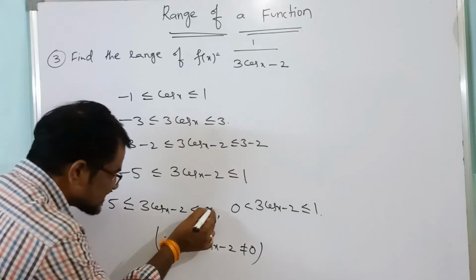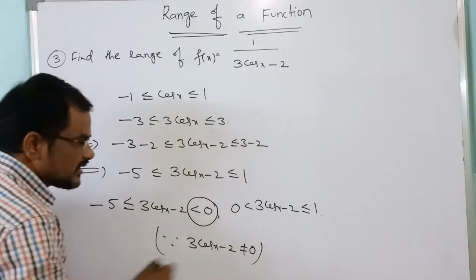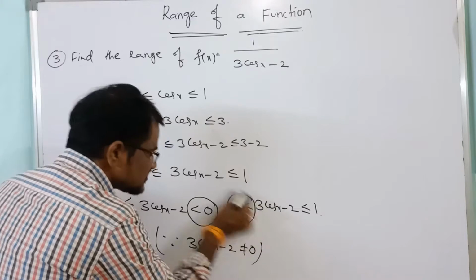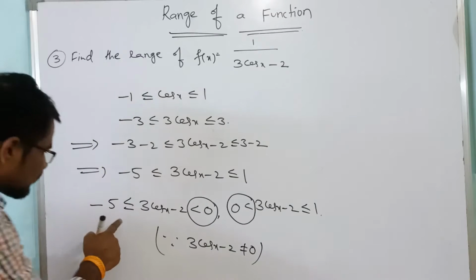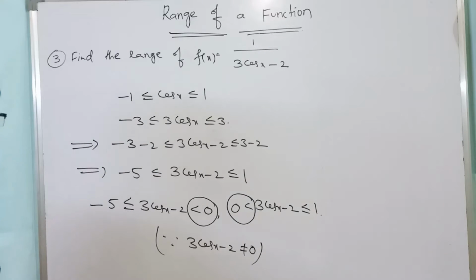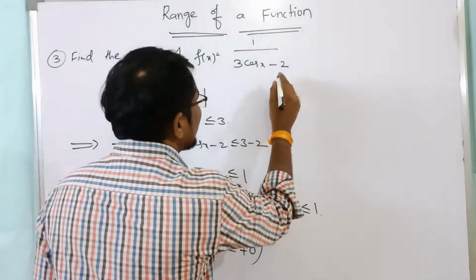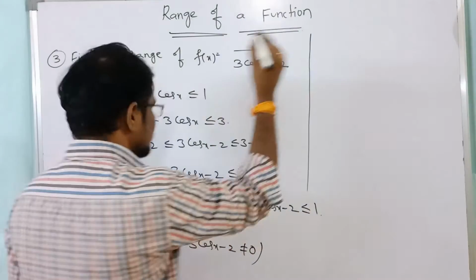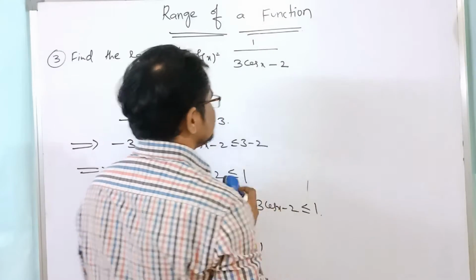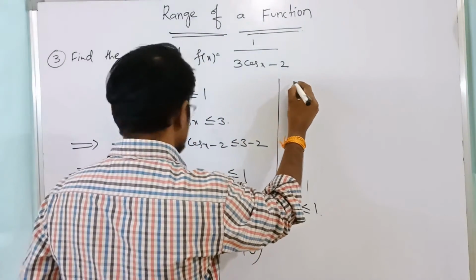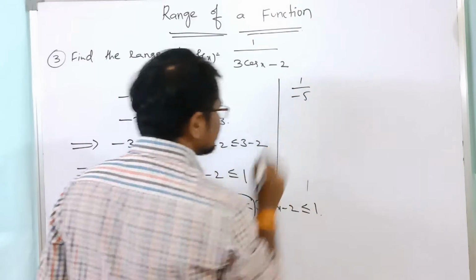Once you observe, this is less than 0. This is greater than 0. Right? Now for this one, if you take the reciprocal, what will you get? 1 by minus 5.